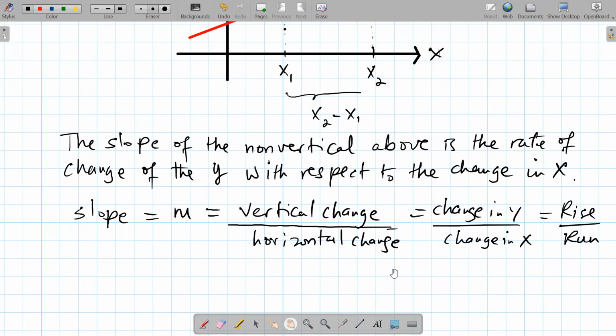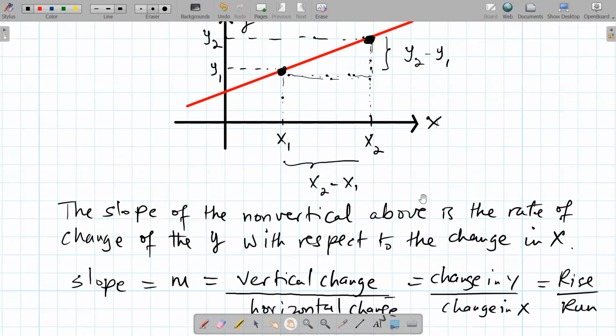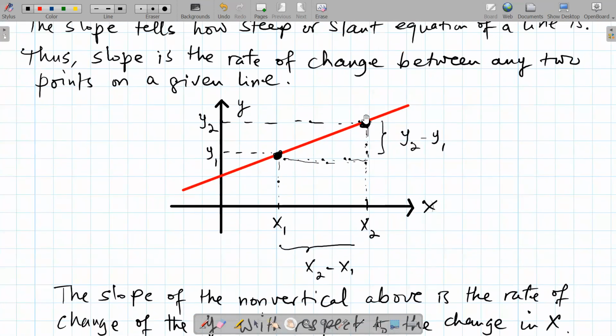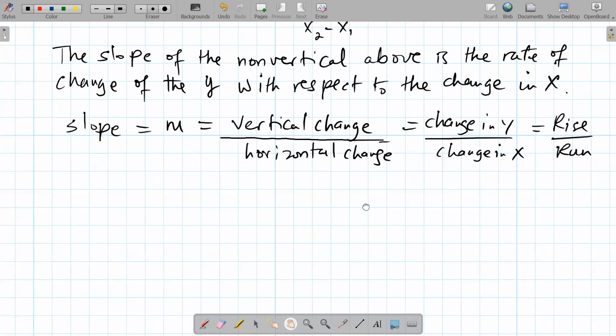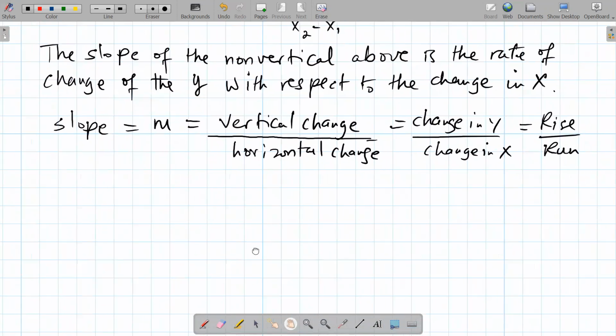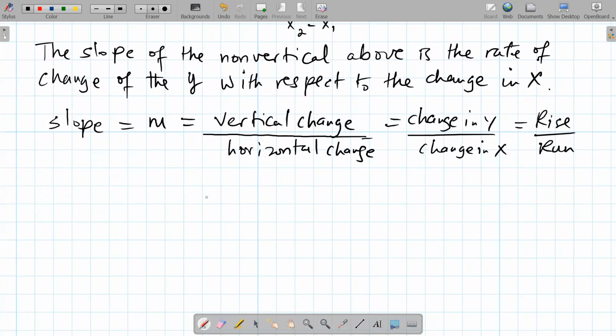Okay, so if you look at the sketch here, the change in y is y2 minus y1. The change in x is x2 minus x1. And we can plug these in, and that will give me y2 minus y1 over x2 minus x1. And this is the slope.